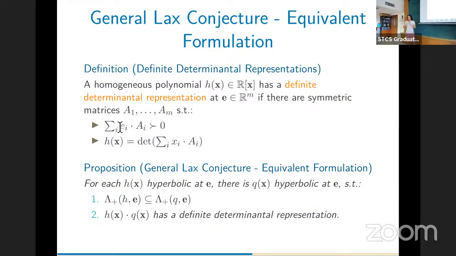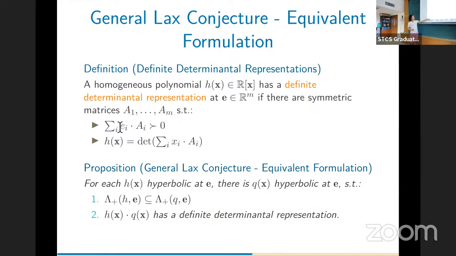It takes a little bit of real algebraic geometry to prove it, but it's not super hard. I can do this offline if you like. So now you can see that there's a little bit of algebraic complexity. The proposition is that this statement is equivalent to the Lax conjecture. And clearly this is related to algebraic complexity, because the determinant is the canonical polynomial here.